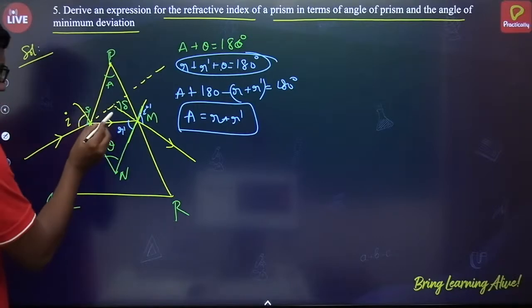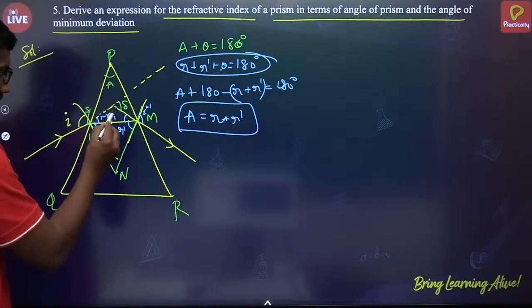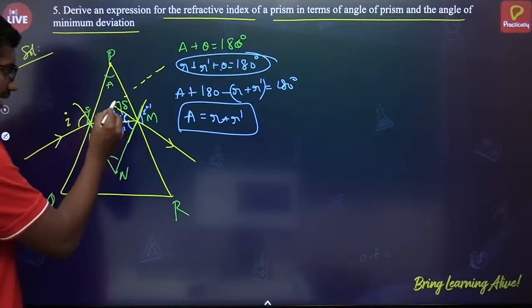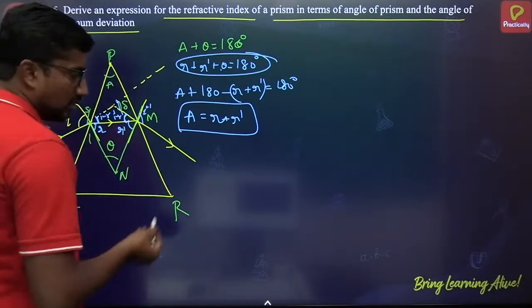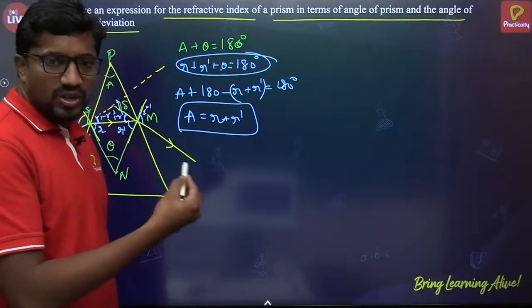On the other hand, you can see this is R, so this will become I minus R, and this will become I dash minus R dash. These two are the interior angles and this is an exterior angle. The exterior angle is equal to the sum of the interior angles.